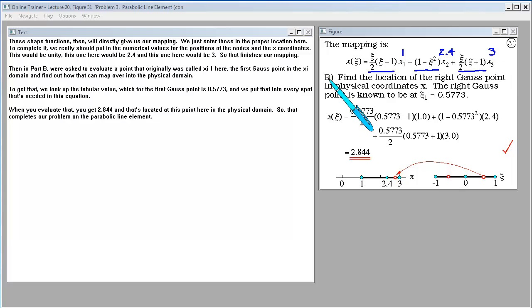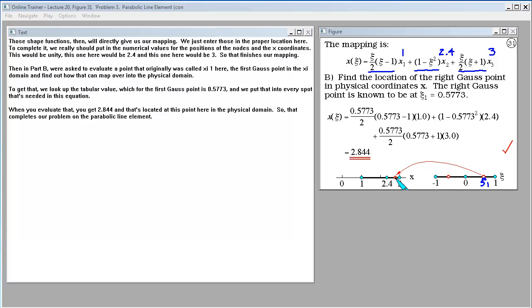Then in part B, we're asked to evaluate a point that originally was called xi1 here, the first Gauss point in the xi domain, and find out how that can map over into the physical domain.